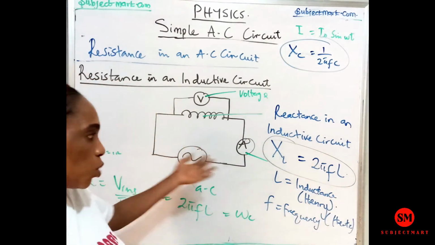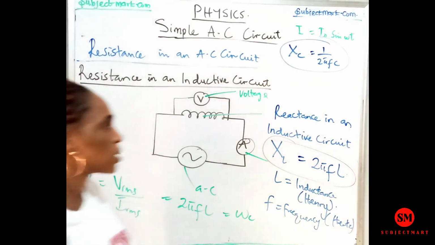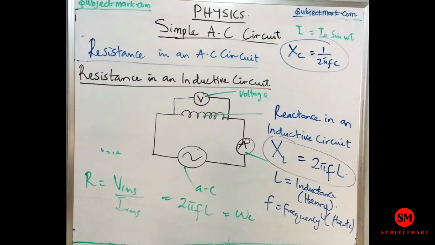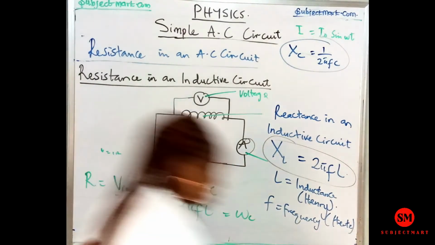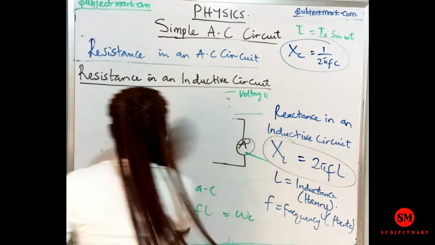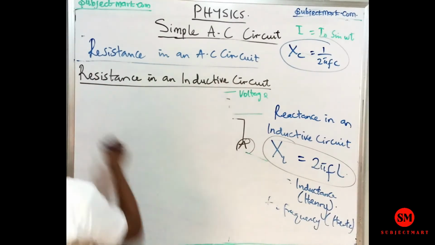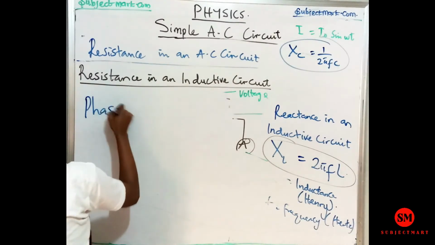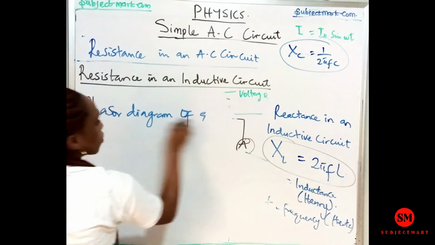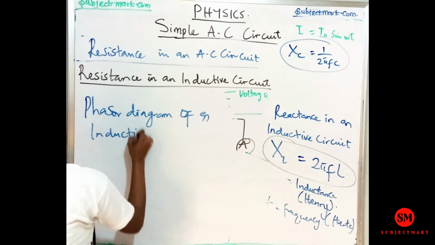In an inductive circuit, we use X subscript L, while in a capacitive circuit, we use X subscript C. Okay? So, I'm just going to draw the phasor diagram of an inductive circuit.